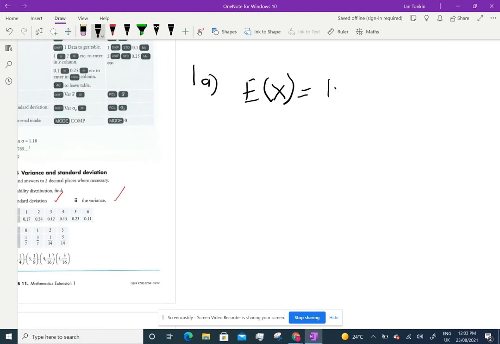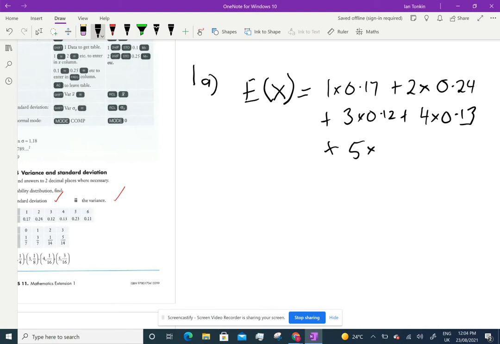It's just 1 times 0.17 plus 2 times 0.24 plus 3 times 0.12 plus 4 times 0.13 plus 5 times 0.23 plus 6 times 0.11. And you'll work all that out and you'll get 3.34.